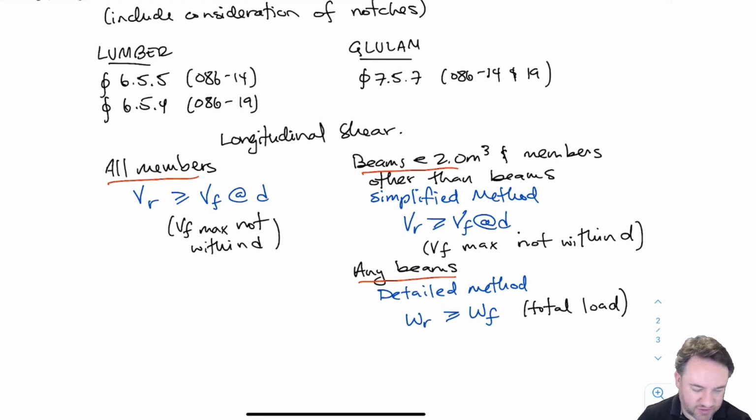And when I say that it's greater than VF at D, what it really means and what it says in the standards is I don't have to consider shear loads that are within D.